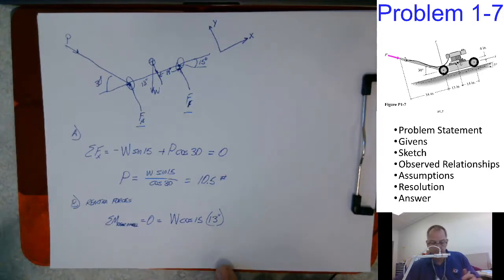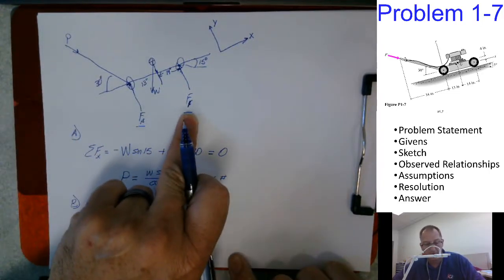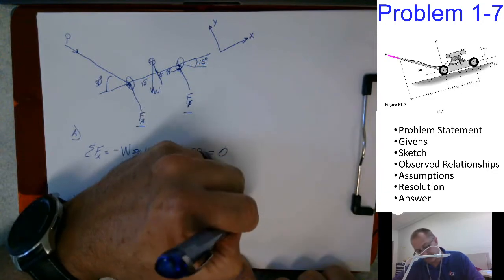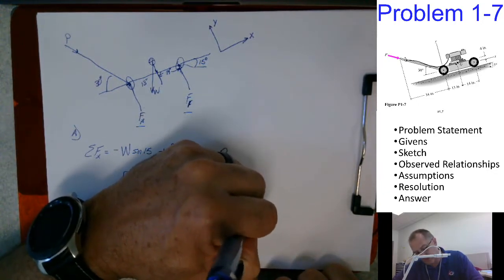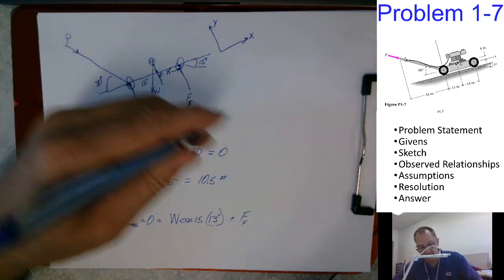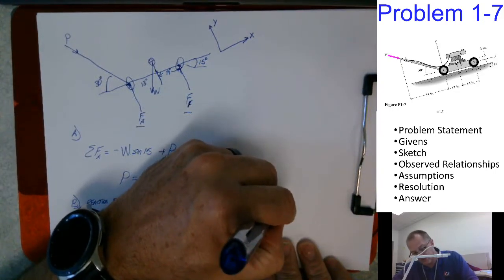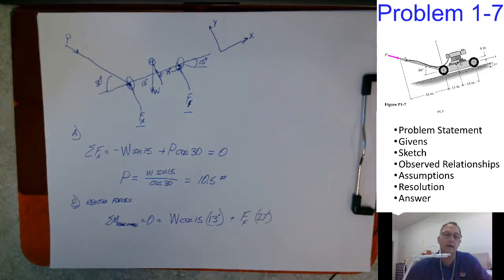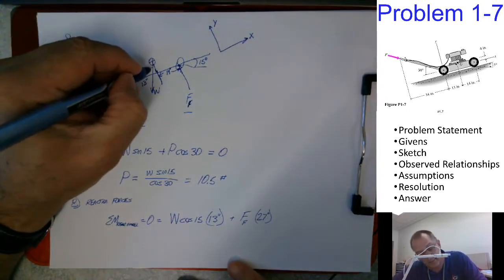All right. That force F, so that's going to be plus the force in the front times now the full distance, which is 27 inches. Now, here's where I got in trouble the first time I solved this problem.